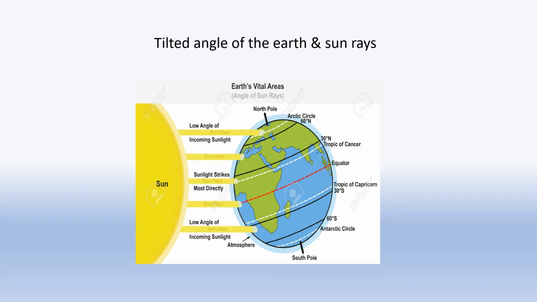Toward the poles, it becomes a low angle, the area occupied by the sun's rays is more and the intensity felt is less. Here one also has to keep in mind the tilted angle of the earth. Sometimes the northern hemisphere is closer to the sun and sometimes the southern hemisphere is closer to the sun. That leads to uneven distribution of heat on the globe.